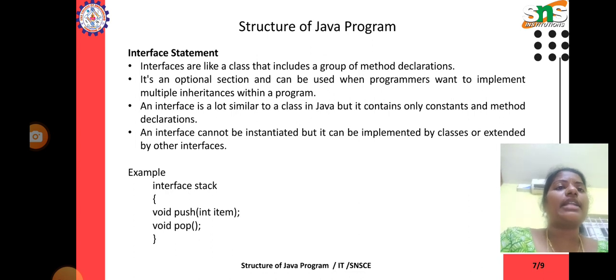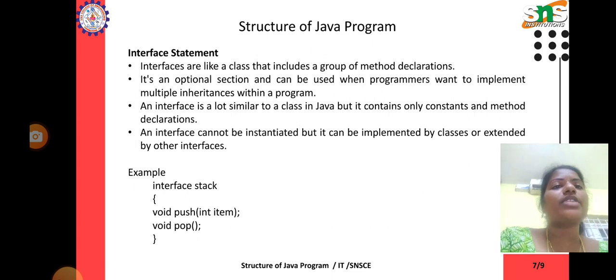Interface statement. Interfaces are like a class that includes a group of method declarations. It is an optional section and can be used when programmers want to implement multiple inheritance within a program. An interface is a lot similar to a class in Java, but it contains only constants and method declarations.